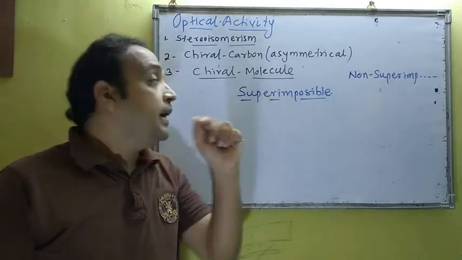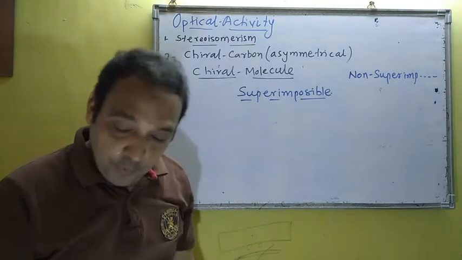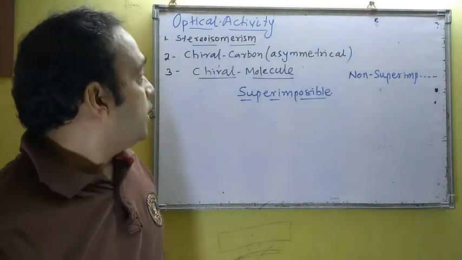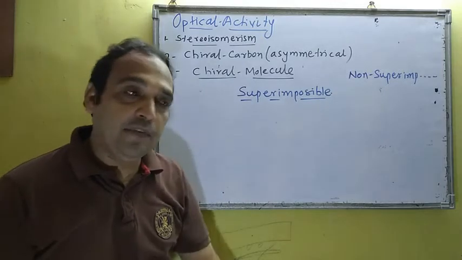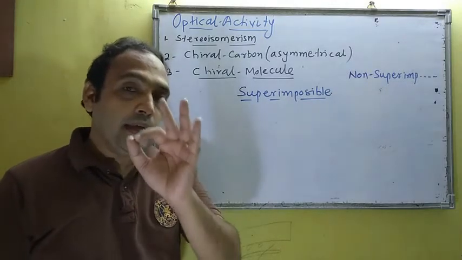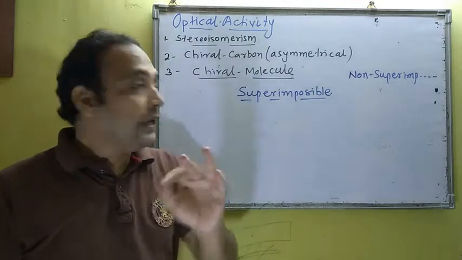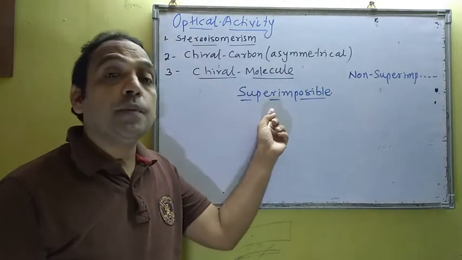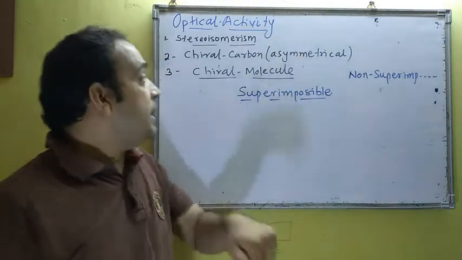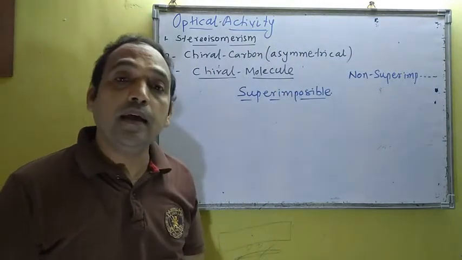Glass and chair are examples of superimposable. Now my concept was chiral molecule. And what definition did I give of chiral molecule? If any molecule contains a chiral carbon, such a molecule cannot be superimposable on its mirror image, and such a molecule is called a chiral molecule.